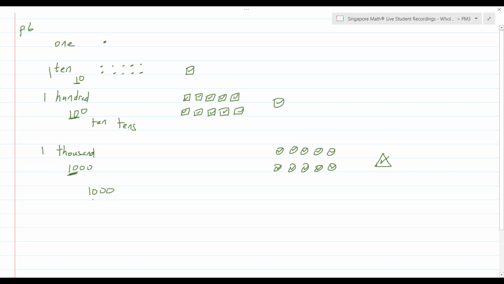You could also think of 1,000 as 100 tens. And so all of these ways that we think about math and think about numbers, it helps you to really remember that 1,000 does mean 10 hundreds or 100 tens.